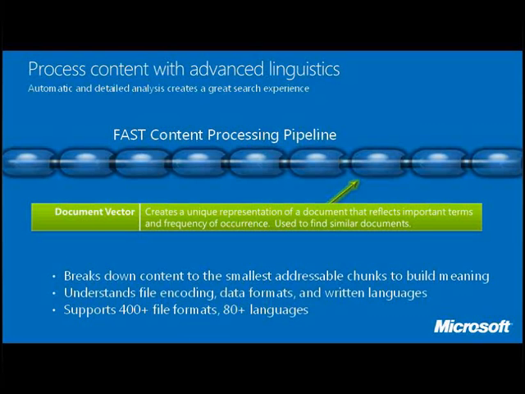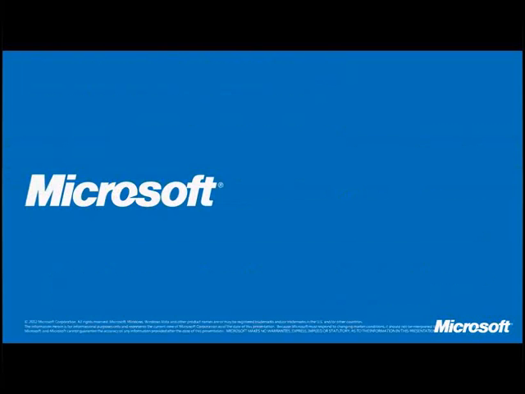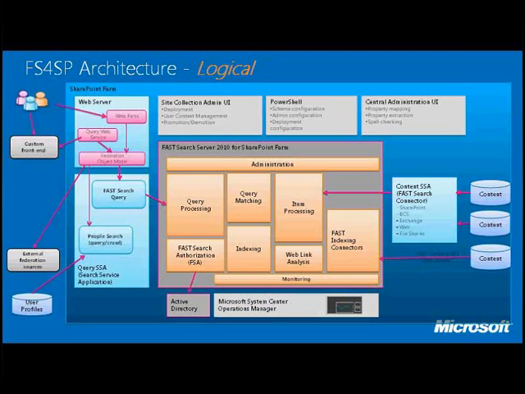Now, the place where you pick up your multi-threading when you're talking about document processing, and I'm jumping around in my presentation, I'm going to my logical architecture slide. This square here says item processing.